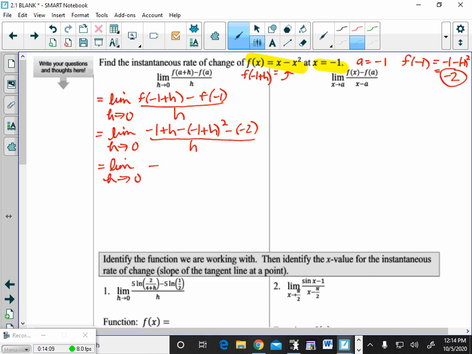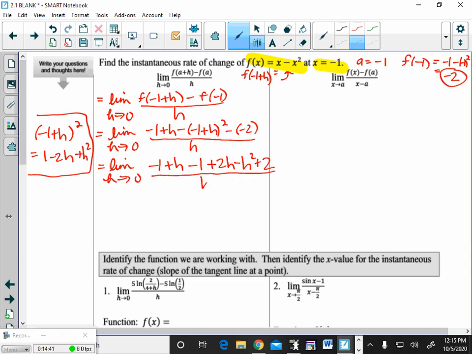We have -1 plus h minus, now let's FOIL this. -1 plus h squared is equal to +1 minus 2h plus h squared. So let's put a negative in front of all of that. So -1 plus 2h minus h squared plus 2, all over h. Now what do you notice?